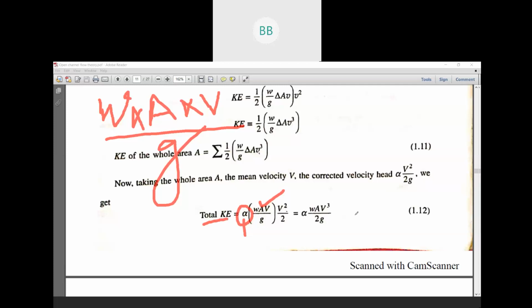If you further simplify, it will be alpha specific weight area v cube divided by twice g. This is v square and we have another v here, that is why it's v cube. This is your equation number 2. This is equation 1 and this is equation 2.